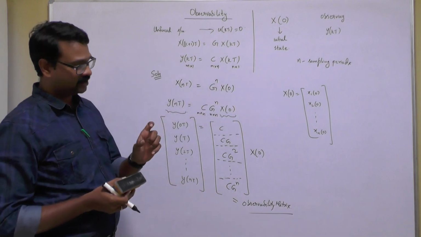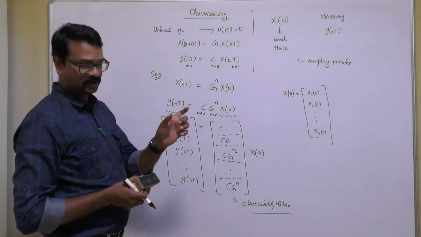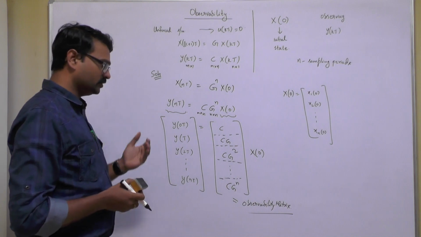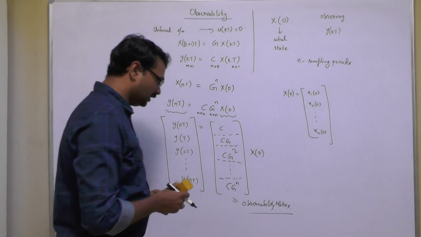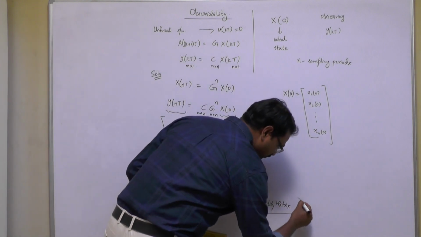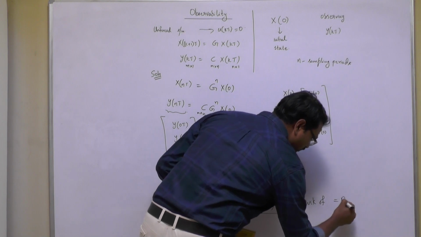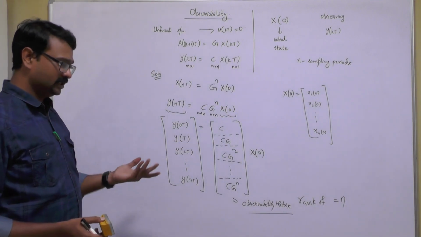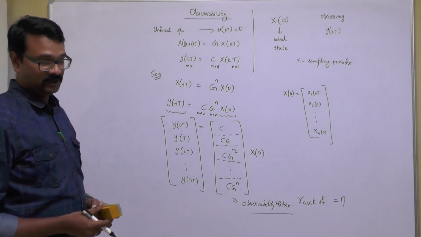If it is possible for us to observe the output variables for a particular time period and determine the initial state, then you can say that it is completely observable. And for this, what is the rule? You will have to find out the rank of this matrix again. If the rank is equal to n, then you can say that the system is completely observable. Right.